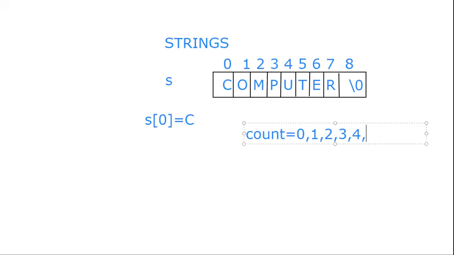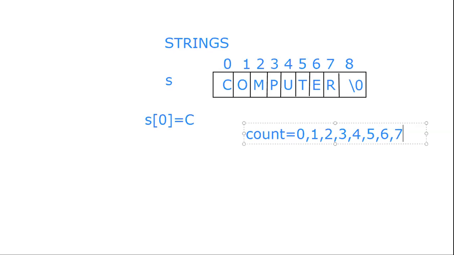Next T. T is not equal to null, right? So count becomes 6. Next we have E. E also is not equal to null. So count becomes 7. Next, R also is not equal to null.